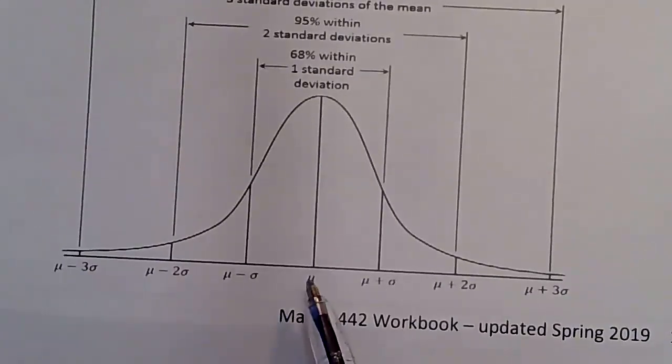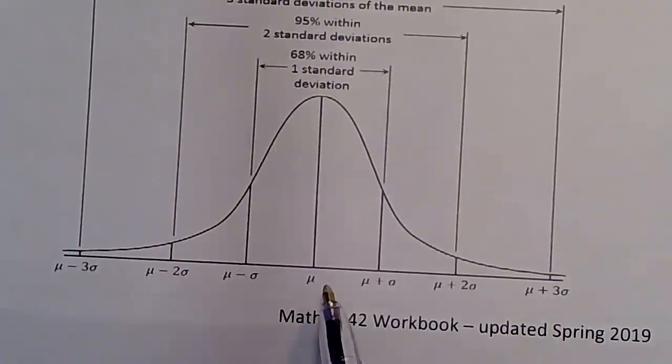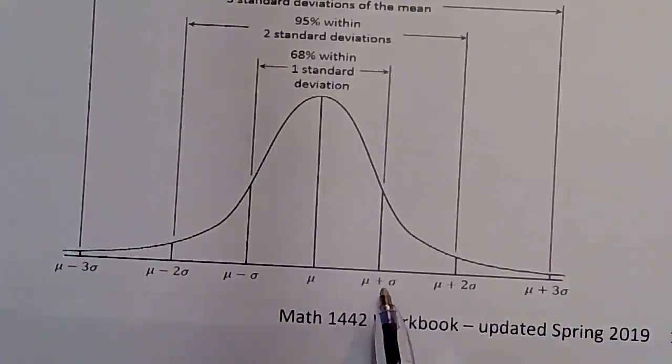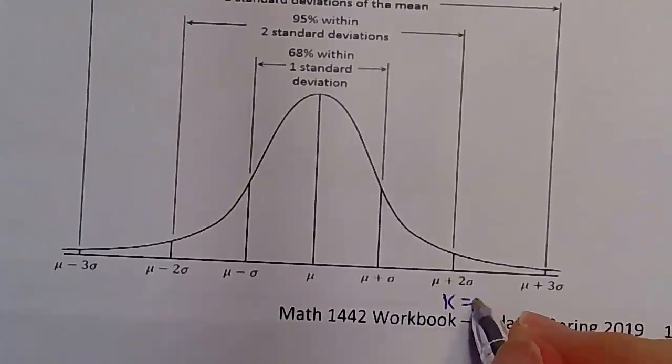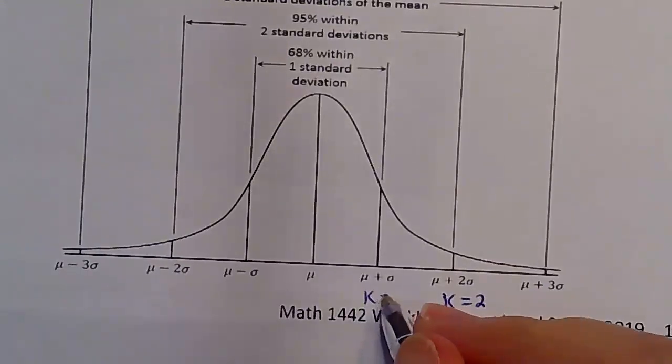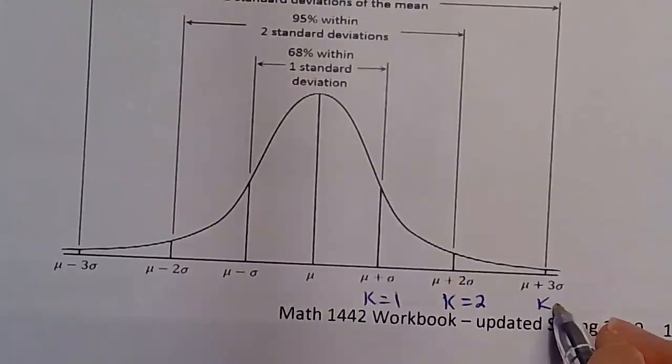The idea in chapter 3, we used x equals x bar, the mean, plus or minus k times s for standard deviation. Here they're using mu instead of x bar. And here's your k: here k is 2, here k is 1, here k is 3.